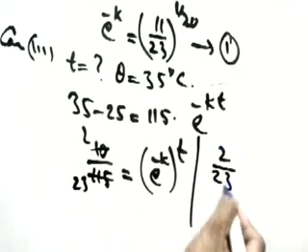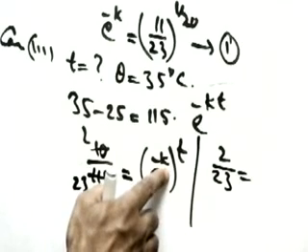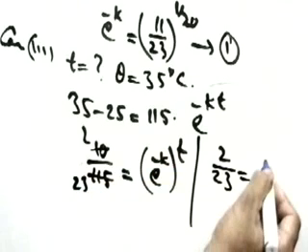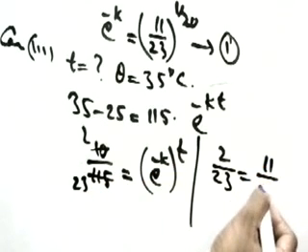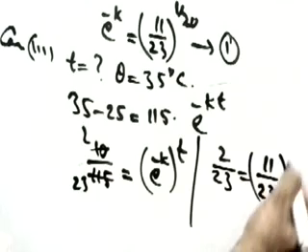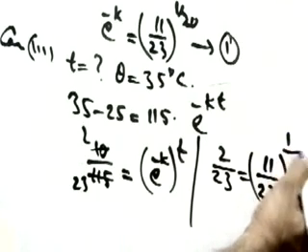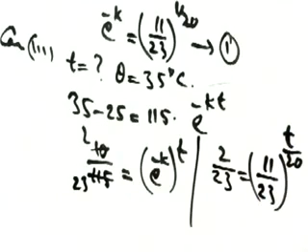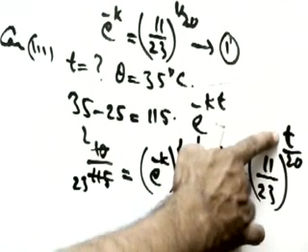So let me write it like this: 2 by 23 equals e power minus k whole power t. We already have the value of e power minus k, which is 11 by 23 whole power 1 by 20, and whole power t, so t will come here.